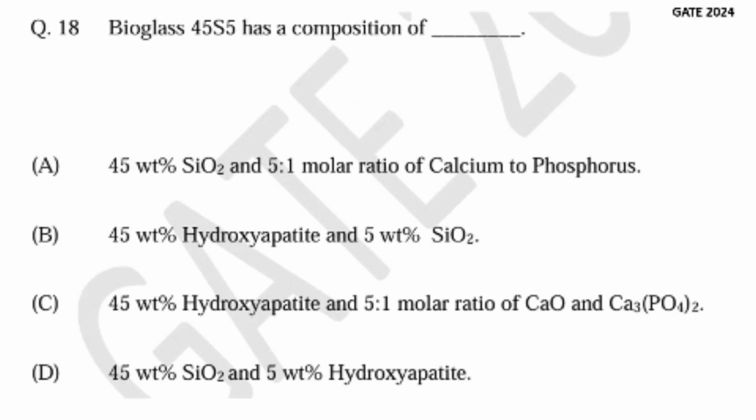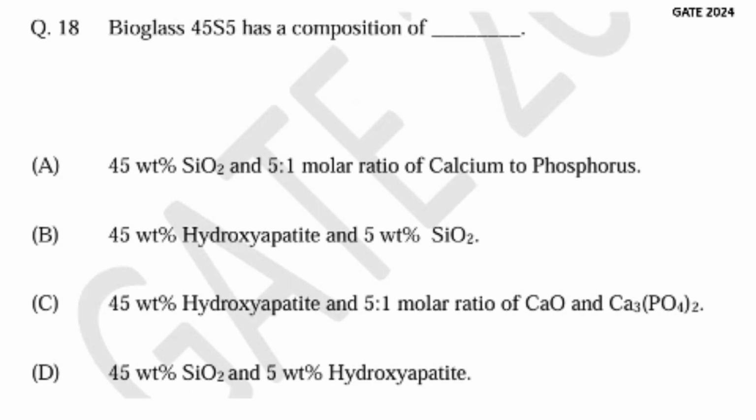Now let's review the options. The first option: 45% SiO2 and 5:1 molar ratio of calcium to phosphorus. I think this is close to the correct composition. Based on our previous concept, this will be a near about correct answer.